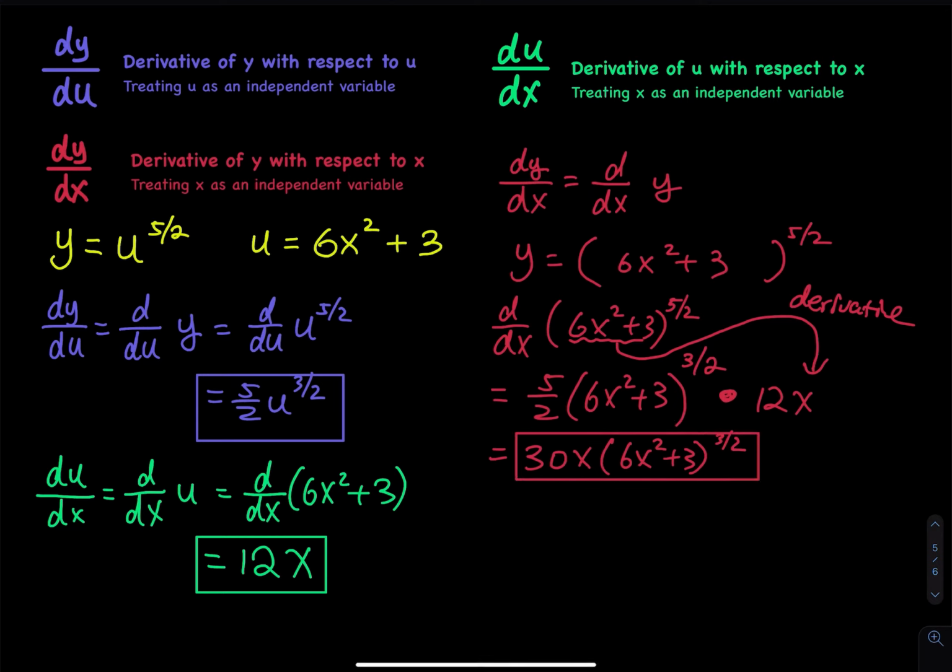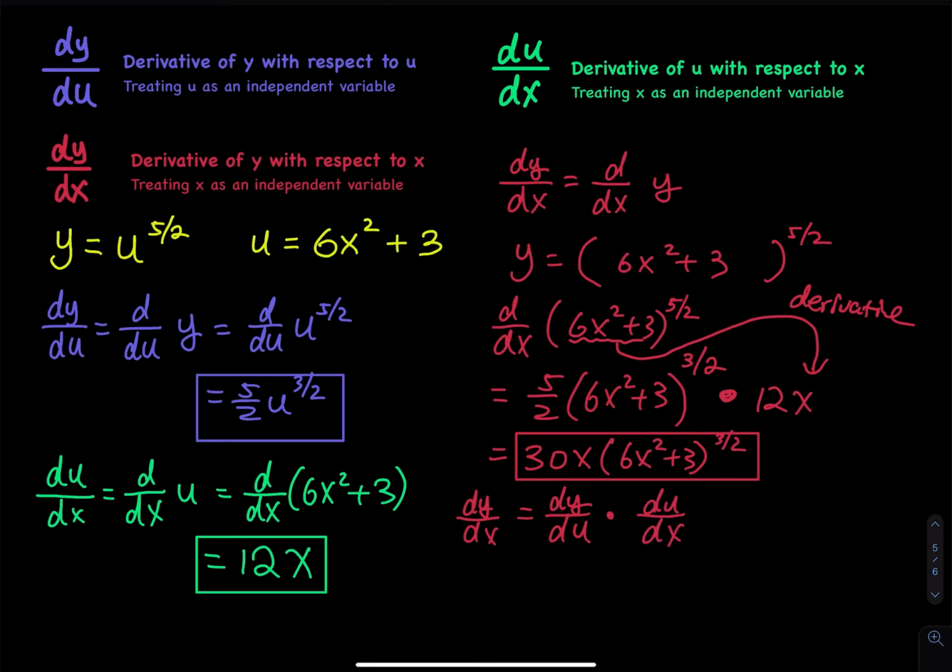What is the second way to do it? The second way to do it is you write it like this. You can see that you can just plug x into u, and then you have y in terms of x, so you can write it in one line. So dy/dx is equal to dy/du multiplied by du/dx.